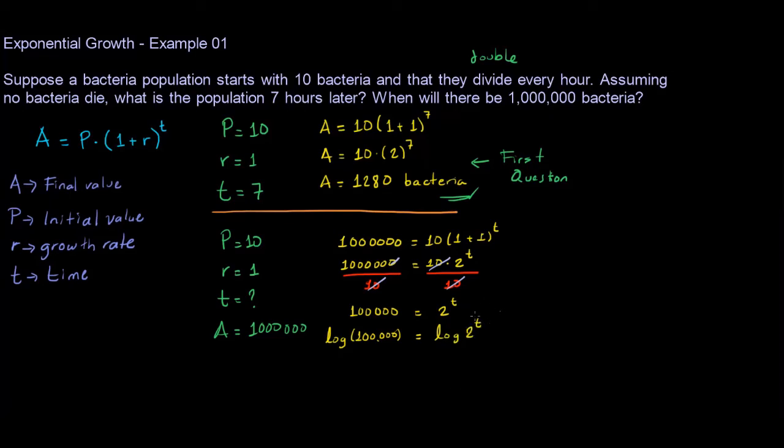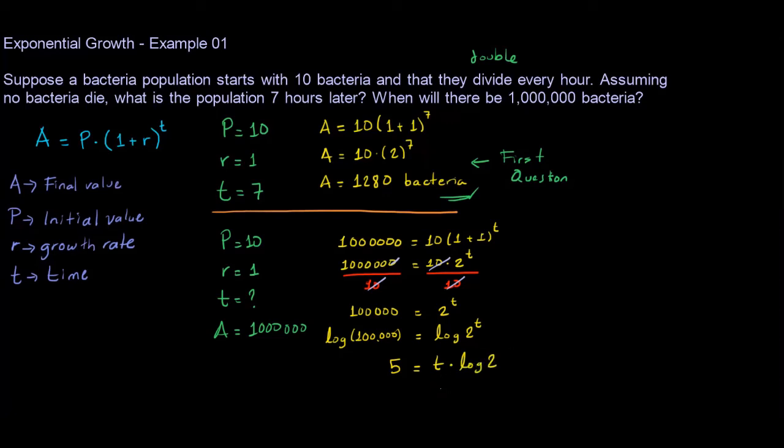Now we can solve this out. Log base 10 of 100,000 is equal to 5, actually. And I'm going to use this property to move the exponent down, multiplying over here. So 5 is equal to t times the log of 2.